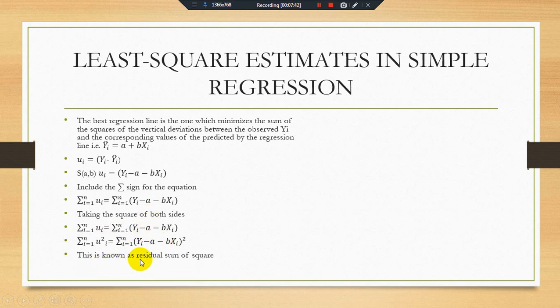This is known as the residual sum of squares. This is our ultimate objective in the coming session, that we have to minimize this value as much as possible. With the minimum residual sum of squares we will find the best fit regression line, or this will be a good fit for our model.